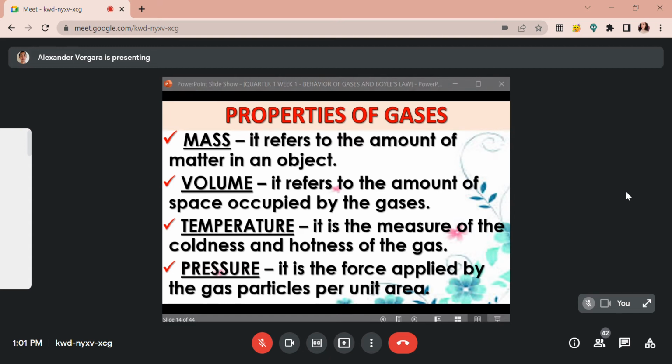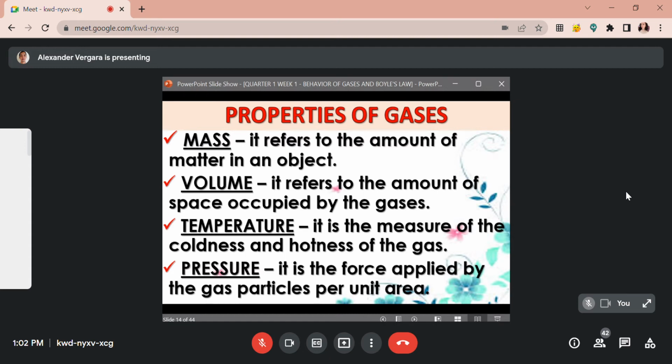What's the unit for temperature? Celsius po, and Kelvin, and the other one is Fahrenheit. Very good. Thank you so much, Kate. For volume, it can be liters, and can also be milliliters.